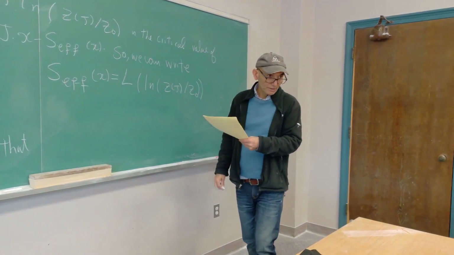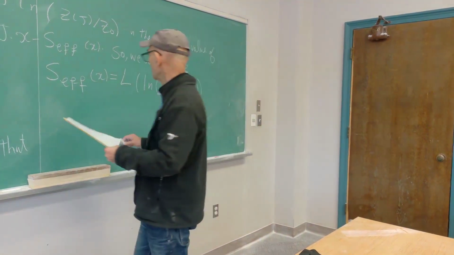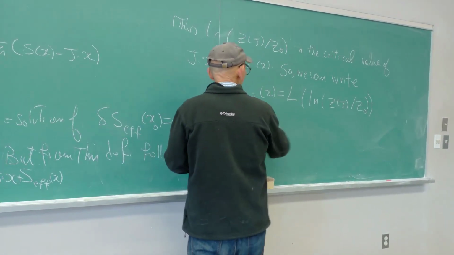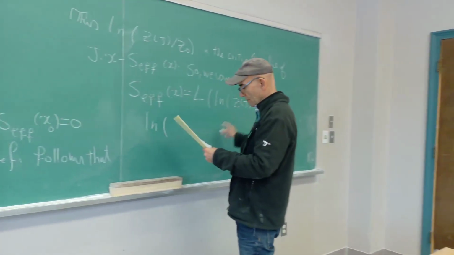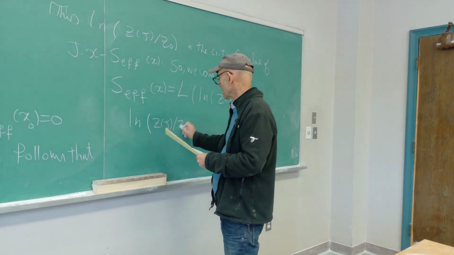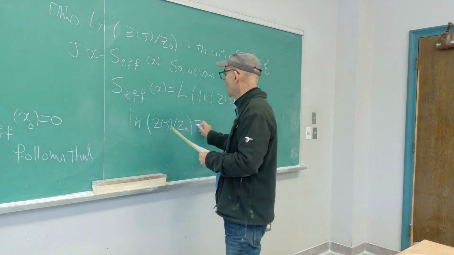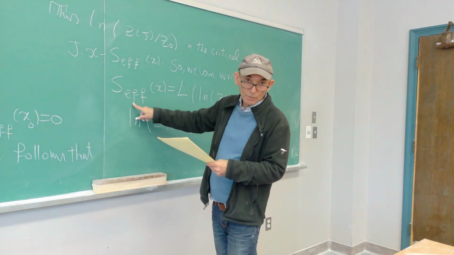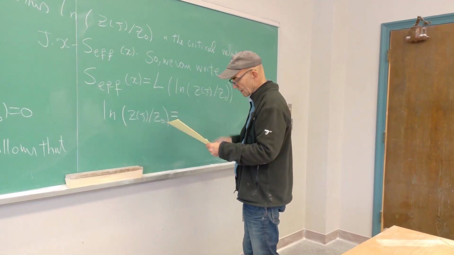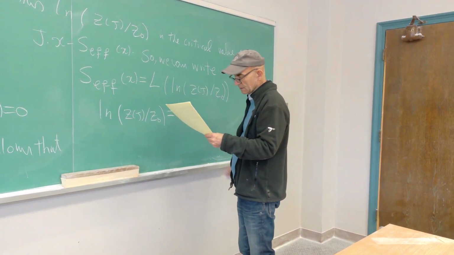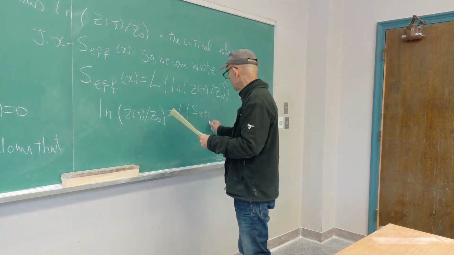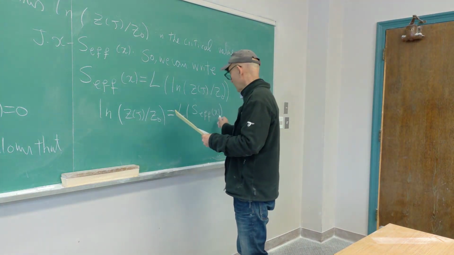And by the Legendre duality, that L squared equals identity, you can just take the Legendre transform of the left-hand side, by duality that I know. I did not prove that L squared equals identity, but I gave it as an exercise. Equal to L of S effective of X.